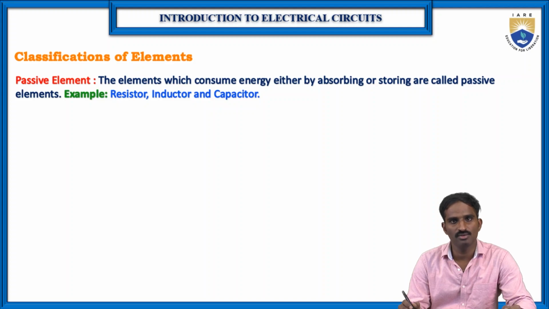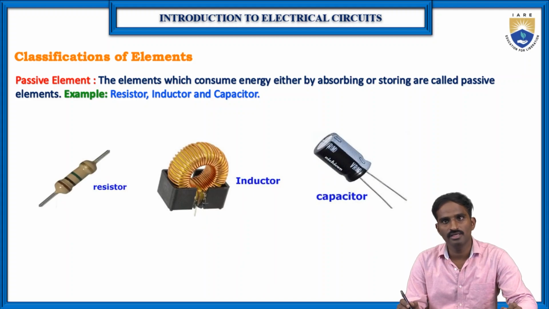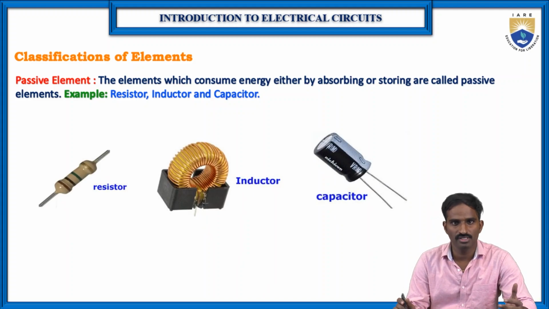Some examples of the passive elements are resistor, inductor and capacitor, because in this course we are majorly analyzing circuits which consist of resistors, inductors and capacitors, and mostly only resistors. Here is how the resistor physically looks.